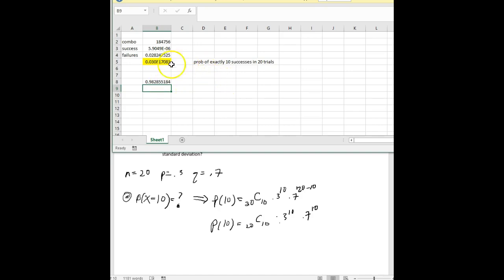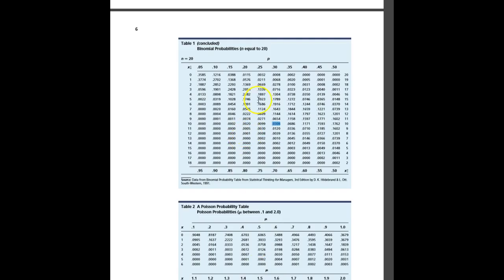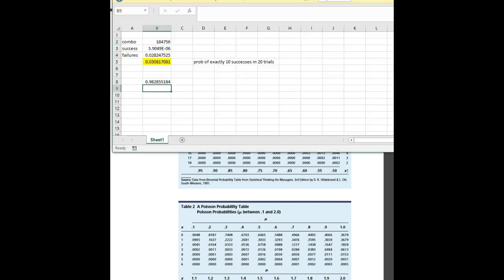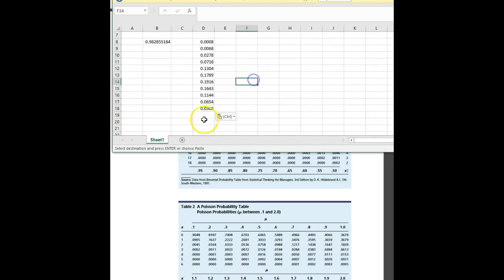I also mentioned you can use your table. So we pull up our table, and we want to add all these 0 through 10 up. Luckily, I came prepared, and we have all those values right here in Excel. We add all these up and let's see what we get.